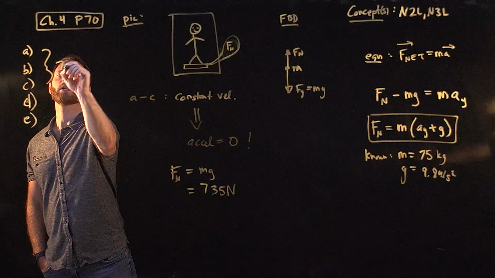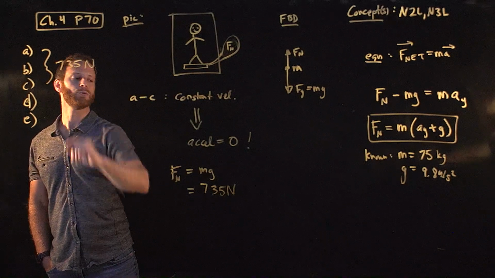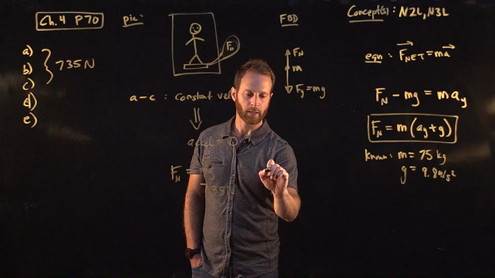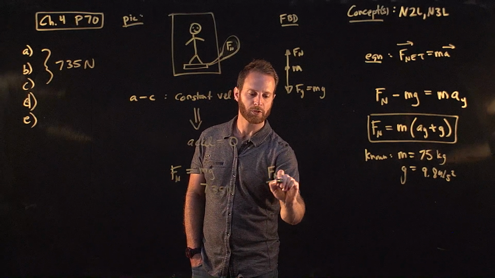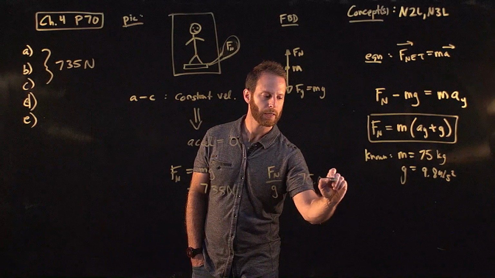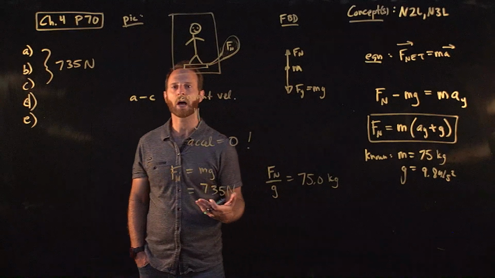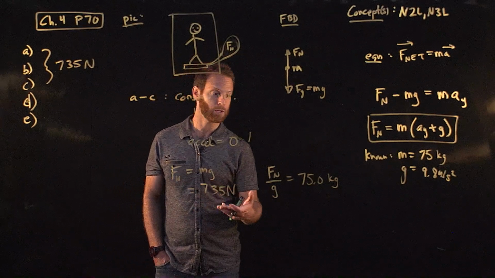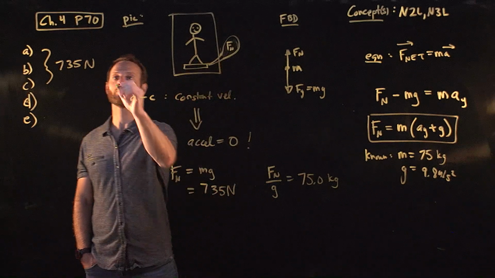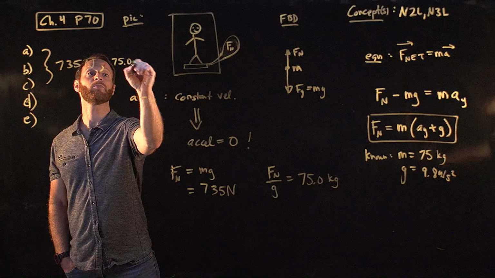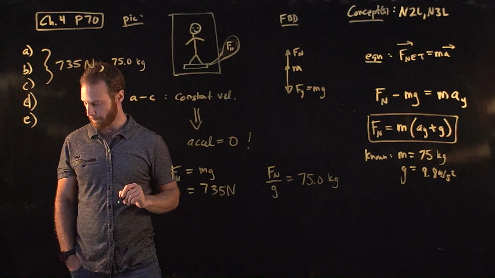All parts, 735 newtons. You can convert that into kilograms if you want by taking the normal force divided by g, and that just gives you back the mass of the person. That's sort of what you'd expect, right? The scale is designed to determine mass for you when you're on Earth and not accelerating. So we could say that this is 75.0 kilograms, if you like.